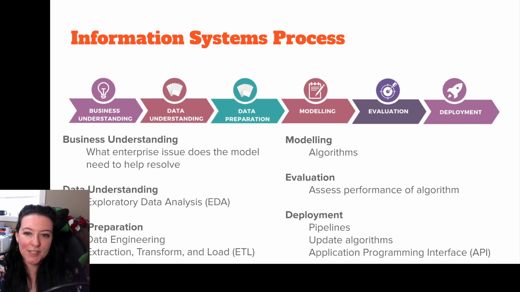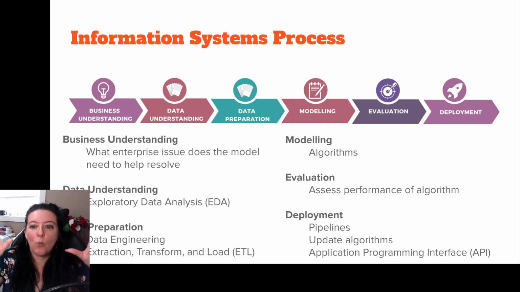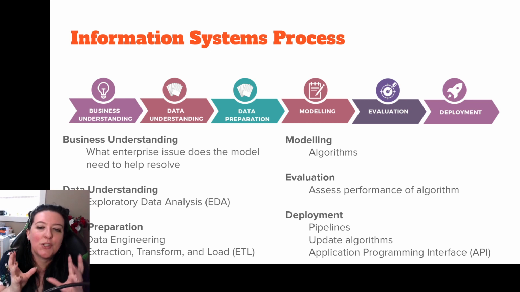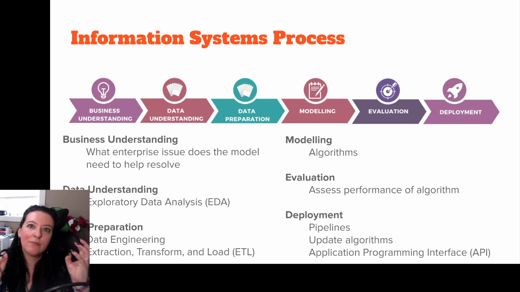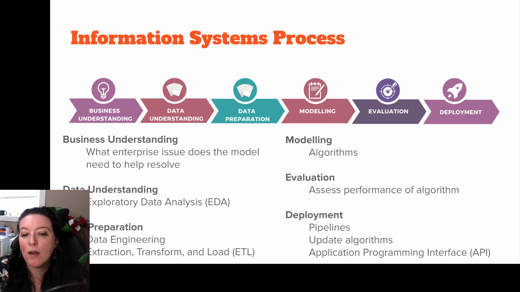So in our information system, we need to understand what it is the model is trying to resolve, what kind of data we have and what the data tells us. How do we transform, extract, prepare the data so it can be utilized, build the model, assess the model, improve the model, and then deploy the model, automating some of these processes with pipelines, making it accessible with an API.